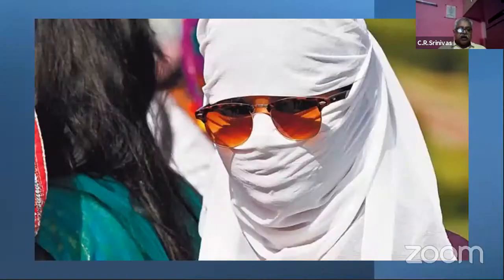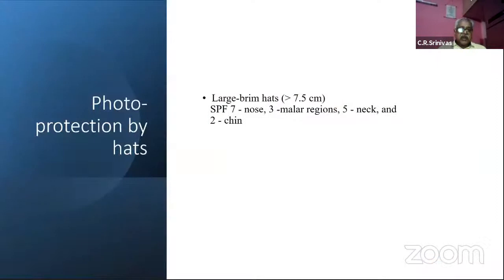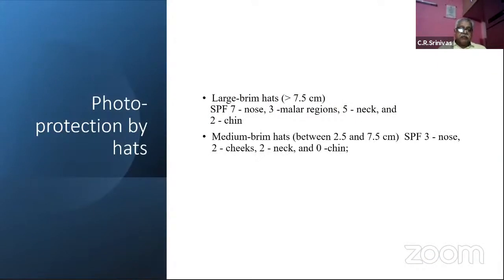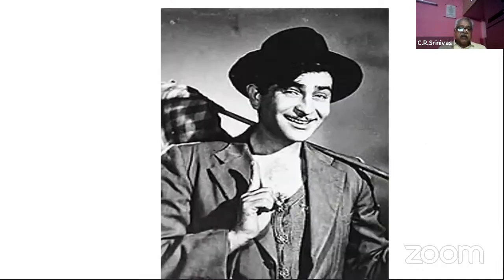This is one way to protect yourself, and also people are not going to post comments on this thing. Hats play a very important role. The larger the brim, the better the protection. But then if you are an actor, you can get away in a movie, singing this song, Mera Juta Hai Japani Patloon Englistani, the hat will offer protection.